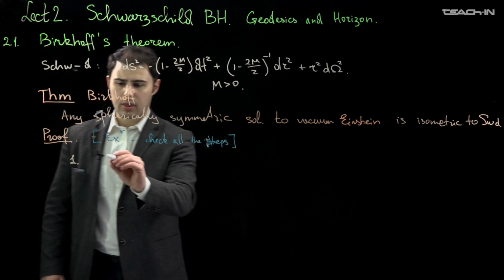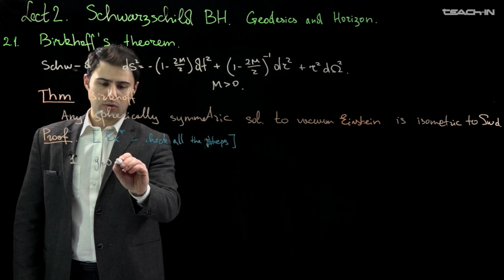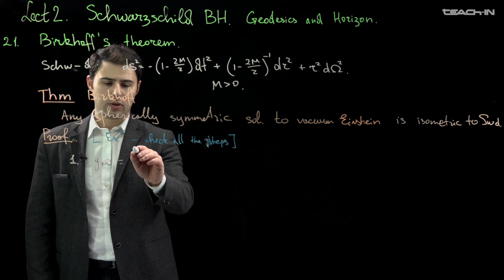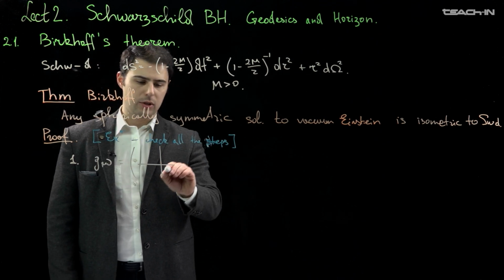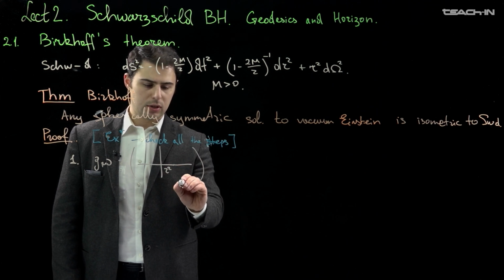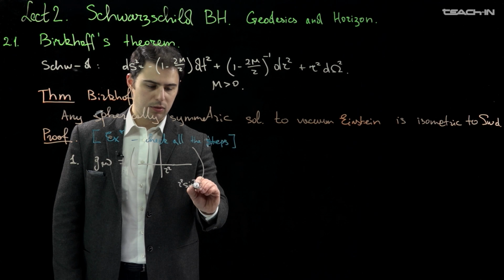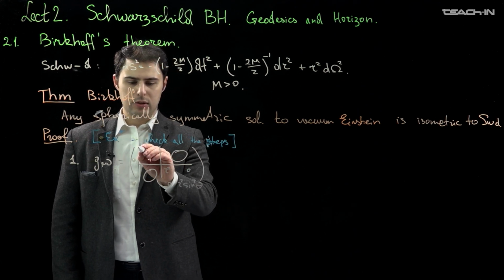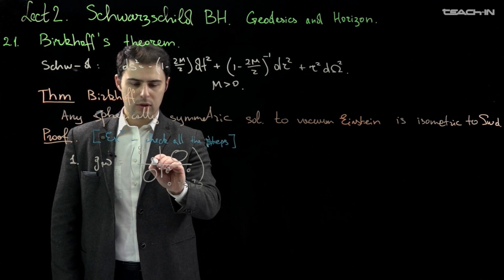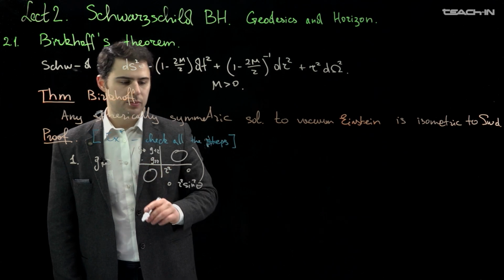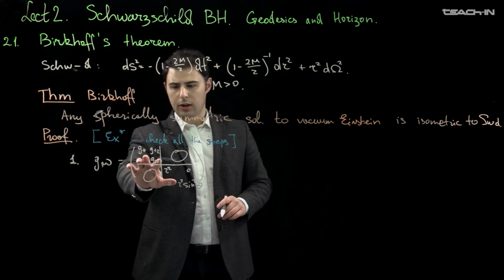Recall that in the previous lecture we wrote the metric of a spherically symmetric spacetime as r squared, sine squared theta, 0, 0, here is nothing, and there is the block g_tt, g_rr, g_tr, g_tr.